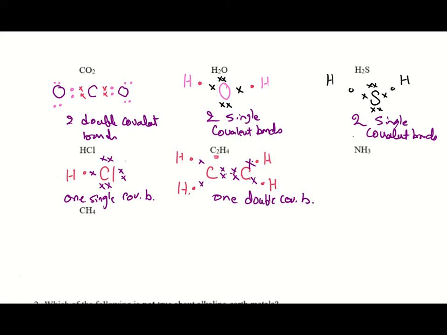NH3, nitrogen, and 3 hydrogen. Hydrogen will share its electron. Nitrogen has 5. It's going to share 1 with each H, and the 2 will remain outside the bond. CH4 is carbon and 4 hydrogen.